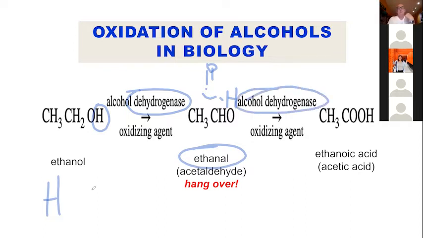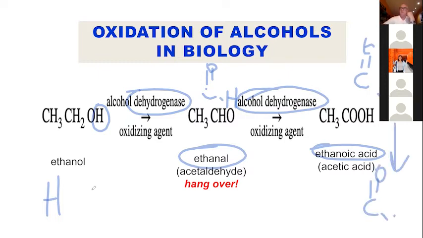It keeps breaking down the ethanol and oxidizing it and turns ethanol into ethanoic acid. It turns this into this, and that's acetic acid. And that's kind of nasty for your body to have too, but it's not nearly as reactive as ethanal is. So you can just clear that out.